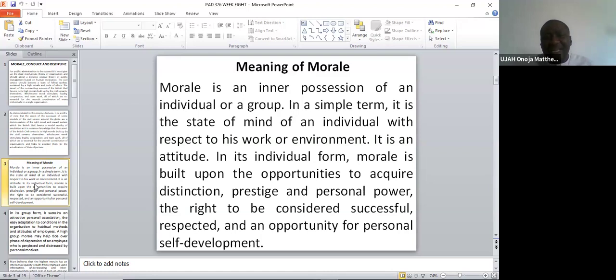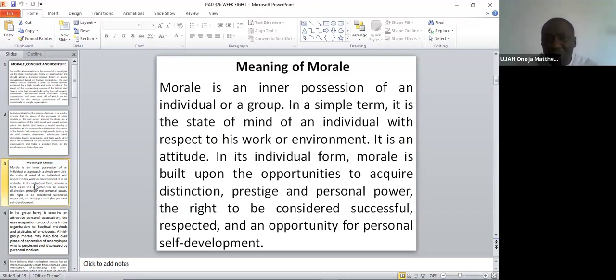So any system that guarantees an improved moral system is one that is bound to succeed. Because when the individual feels involved and then given the opportunity to show the distinction that they are made of and the discretionary powers that they can use to transform the system, you would find that such a system is one that will be successful.